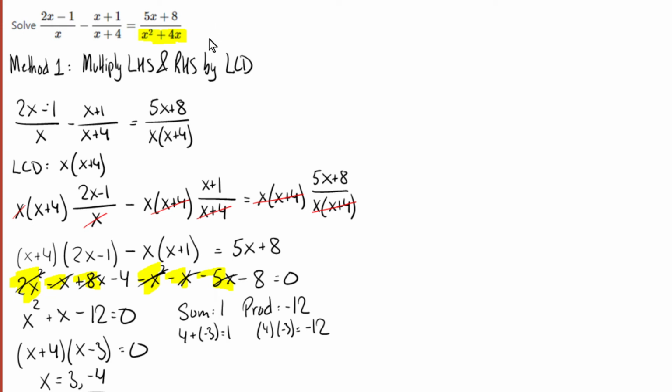I often like to determine what the non-permissible values are at the end. So I'm going to add them here. So x cannot be any value that would make any of the denominators 0. So clearly x cannot equal 0. Over here, x cannot equal negative 4.